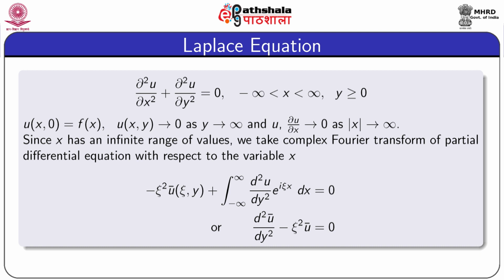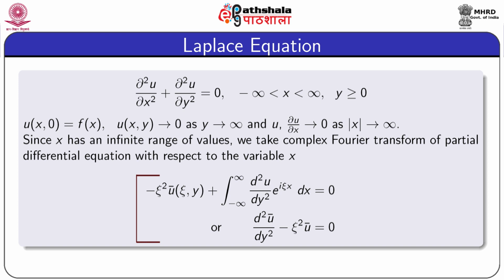The first term gives minus xi square u bar (xi, y) and the second term is plus integration from minus infinity to plus infinity of d2u by dy square e to the power i xi x dx equals to 0. Here xi is the transformed variable and the dependent variable u is transformed to the function u bar. So, u bar is now a function of xi and y.